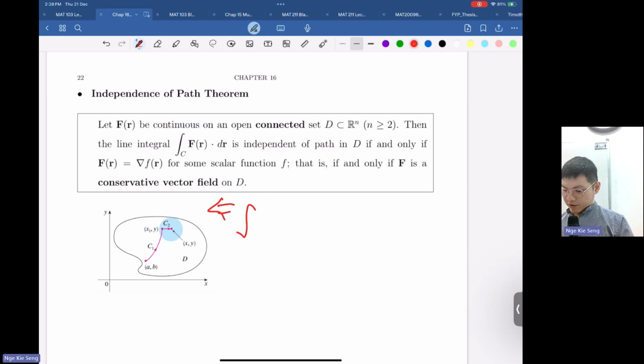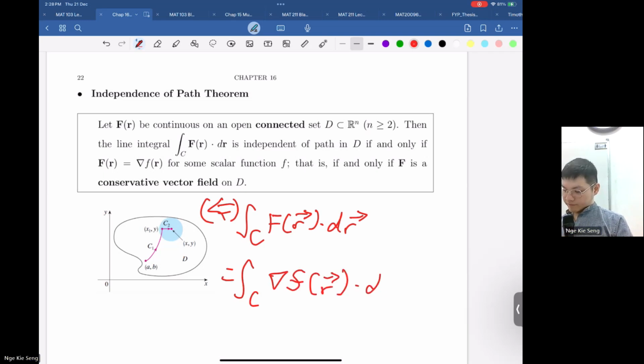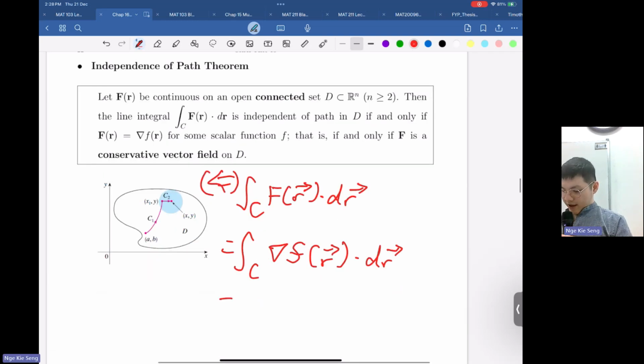If we compute the line integral of a conservative vector field, we can compute it using the fundamental theorem of line integral, where we get f evaluated at the terminal point minus f at the starting point.